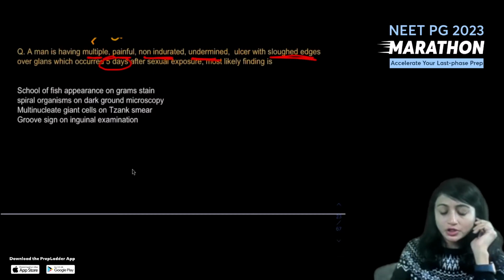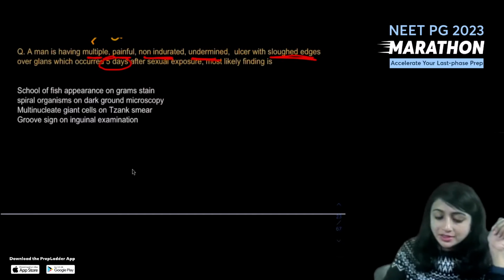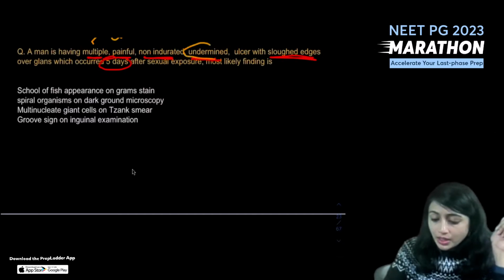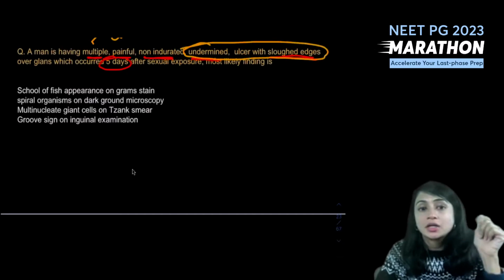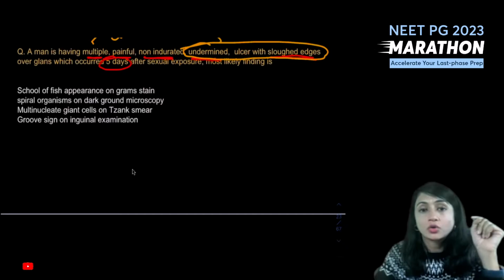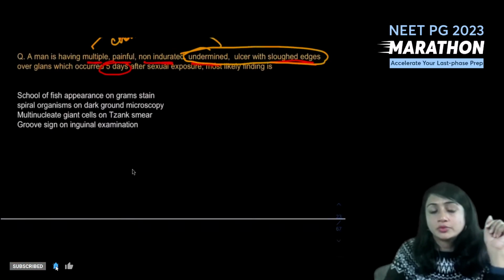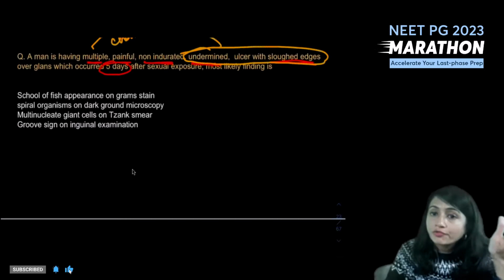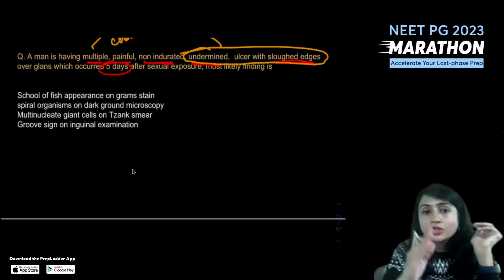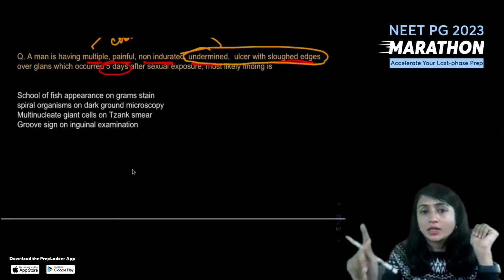But then how do I differentiate between HSV and chancroid? Based on the edges that they have given you. Undermined and sloughed edges is typical of chancroid. Everything else, multiple, painful, non-indurated, incubation period of 5 days, can be seen with HSV or chancroid, but chancroid has undermined ulcer with sloughed edges.